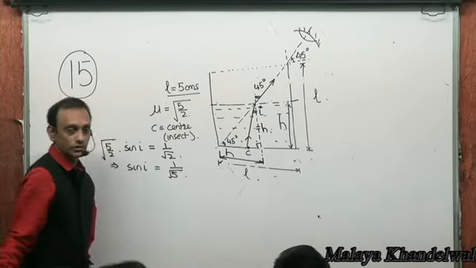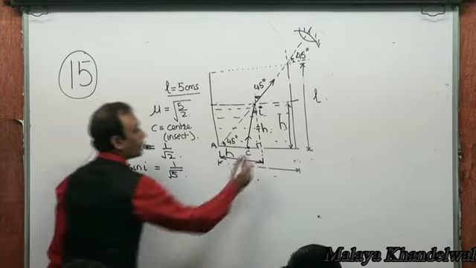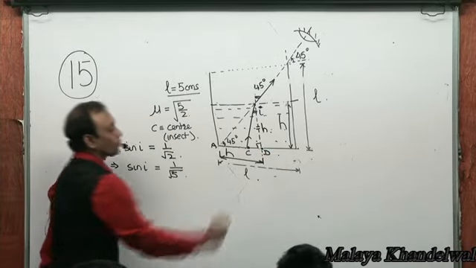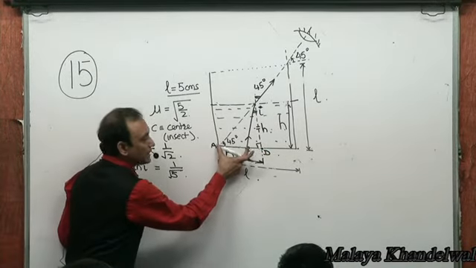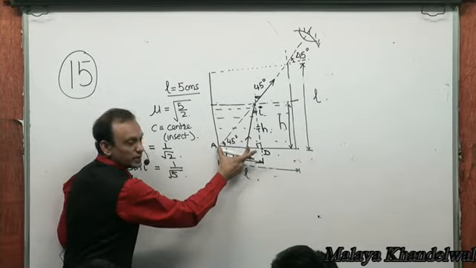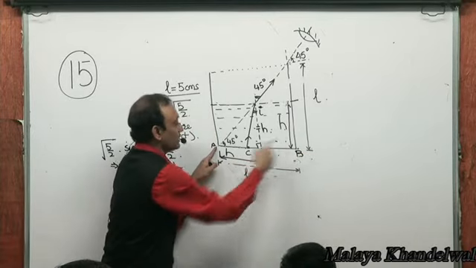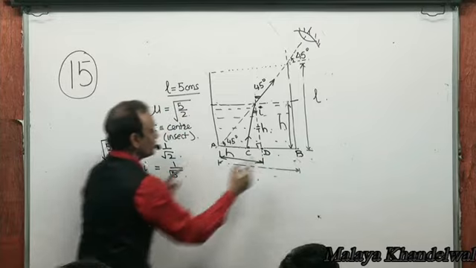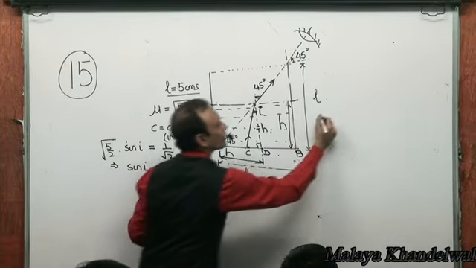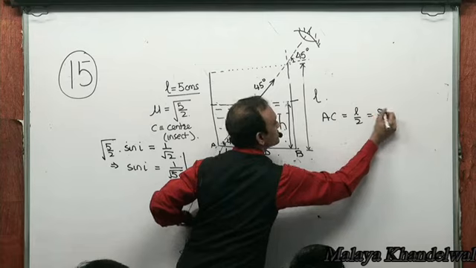Now, what is AC? C is the midpoint of AB. So AC would be L by 2, which is 5 by 2 centimeters.